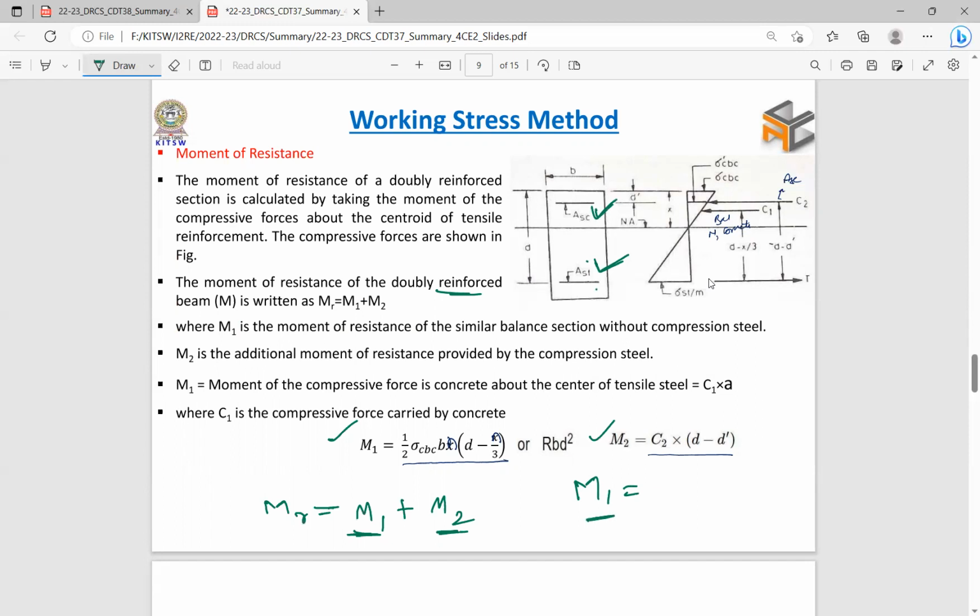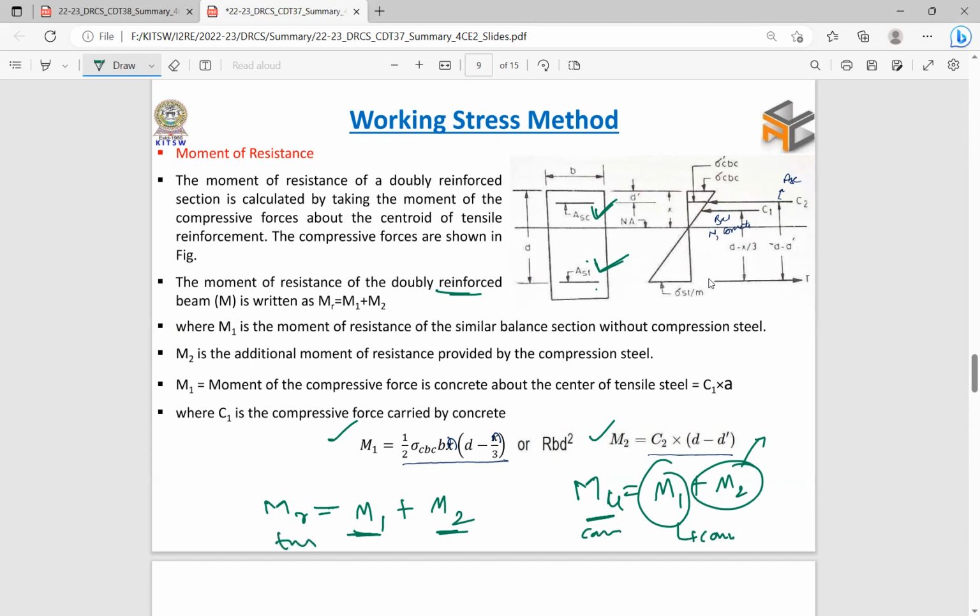If you take compression first, the ultimate moment carrying capacity is M1. This is due to concrete, and M2 is due to compression steel. So first the ultimate moment carrying capacity due to compression, and then the ultimate moment carrying capacity due to tension.